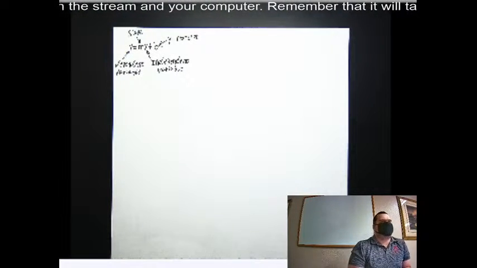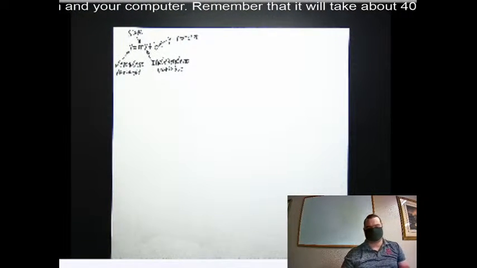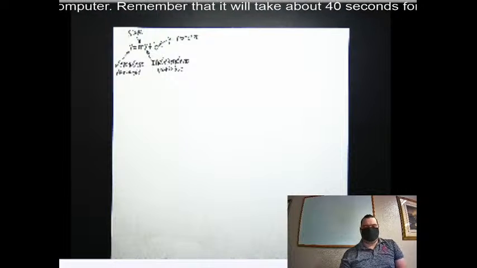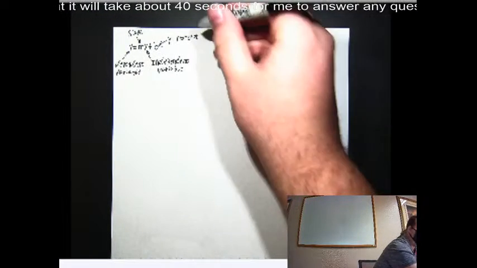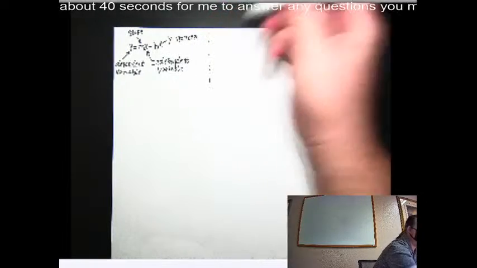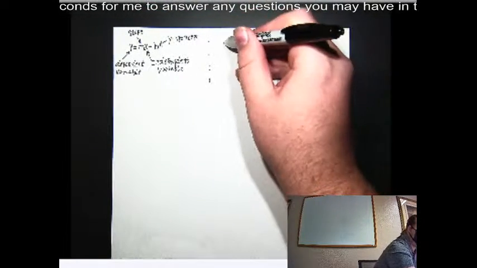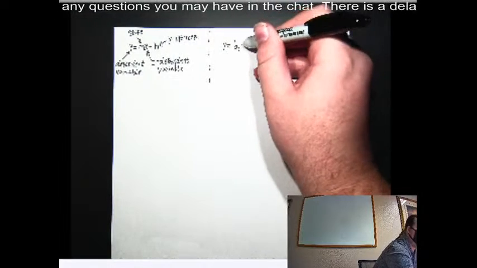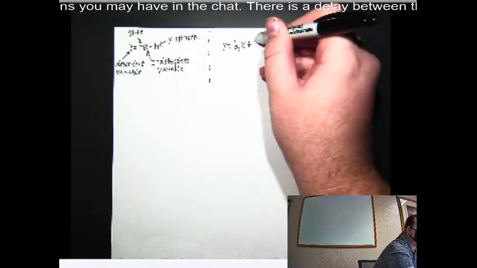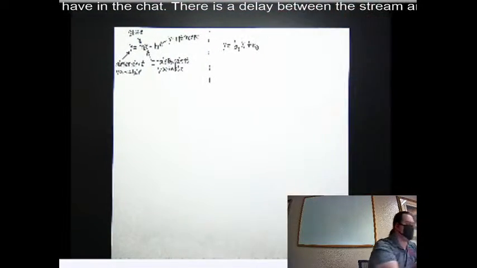Now again, this is what you probably saw in high school algebra. For statistics, we actually have another version of this model. It's basically the exact same thing, but it's y equals b sub 1 x plus b sub 0.